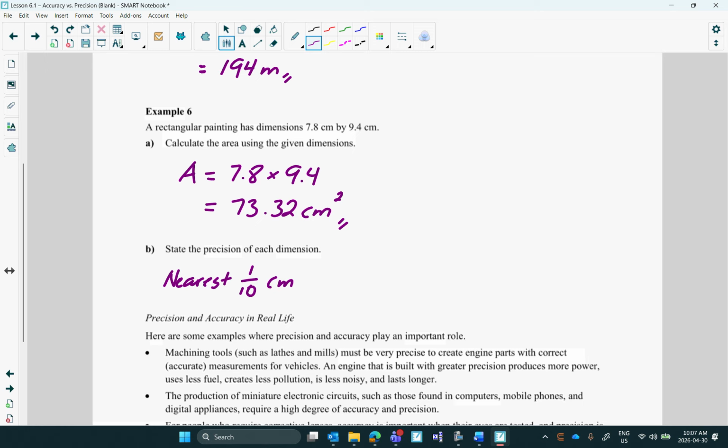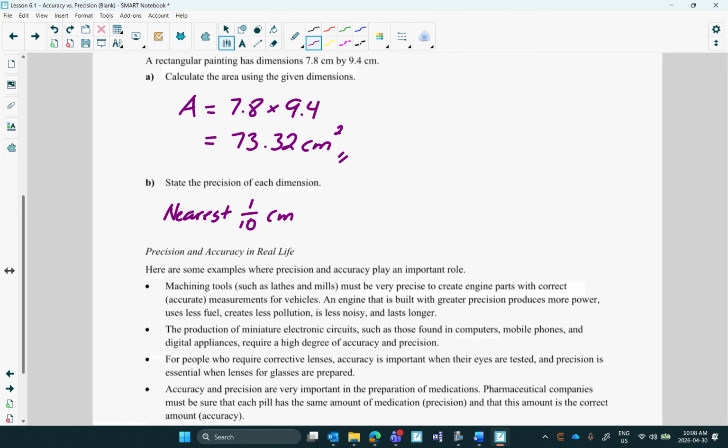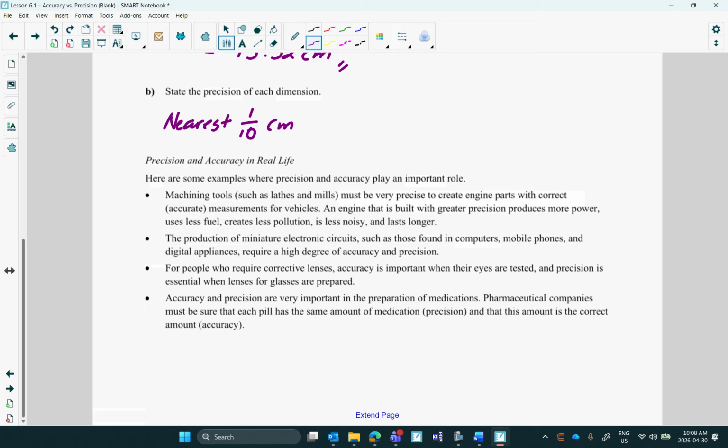Like I said at the beginning, accuracy and precision are extremely important, especially if you're constructing very small things, like electronic circuits, miniature electronic circuits. Accuracy and precision are very important, as well as eye care.